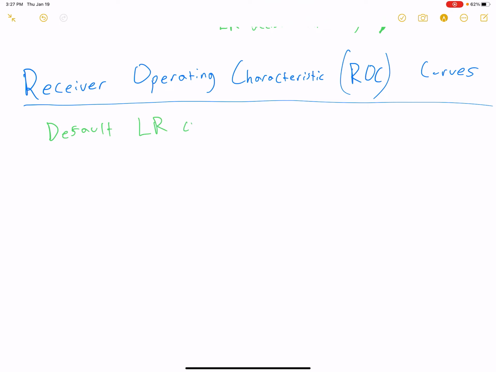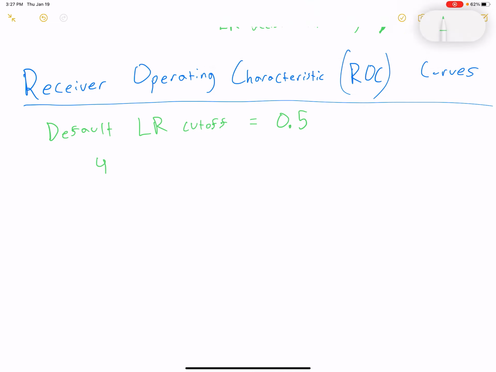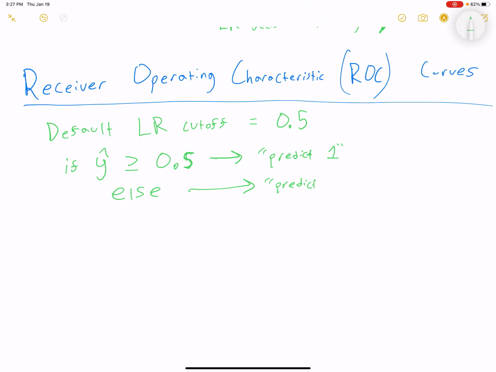So we said the default logistic regression cutoff was 0.5, and we said that if the output of the model, y hat, was greater than or equal to 0.5, then predict 1, and else predict 0. But it doesn't have to be 0.5.